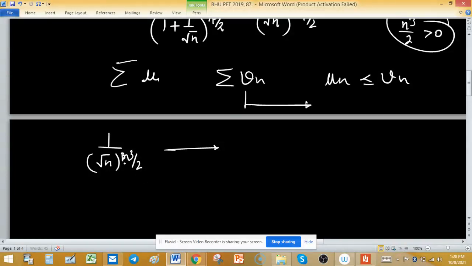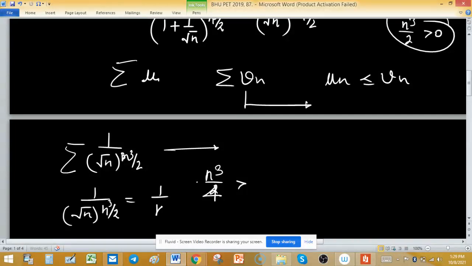To check convergence of this series, I'm going to make it a p series test. I know that n cube by 2 is greater than, or I can take 4, because 1 upon root n raised to the power n cube by 2 can be written as 1 upon n raised to the power n cube by 4.